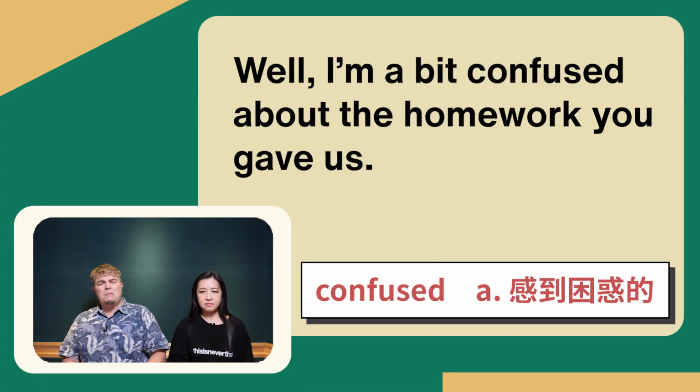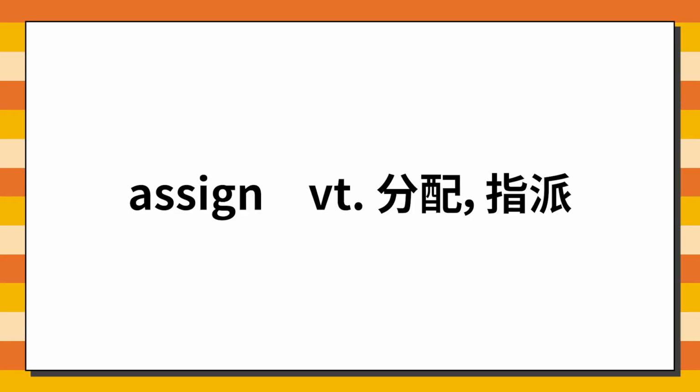And Rebecca says, "Well, I'm a bit confused about the homework you gave us." So he gave them homework. We could say he assigned, ASSIG. And when a teacher gives you homework, that is your assignment. So they assign homework to you. So I'm a bit confused about the homework.